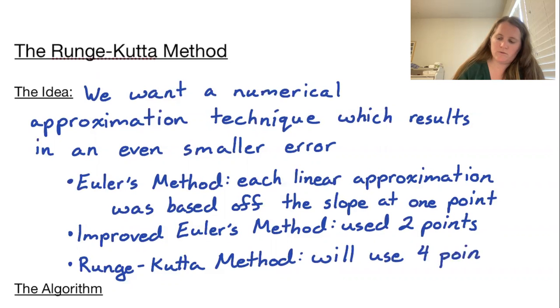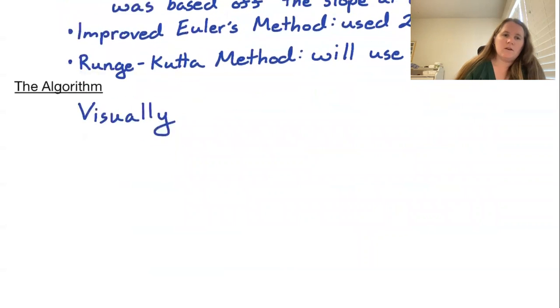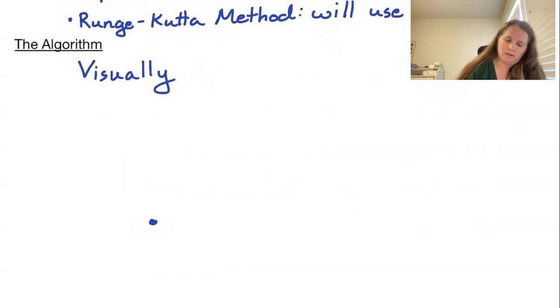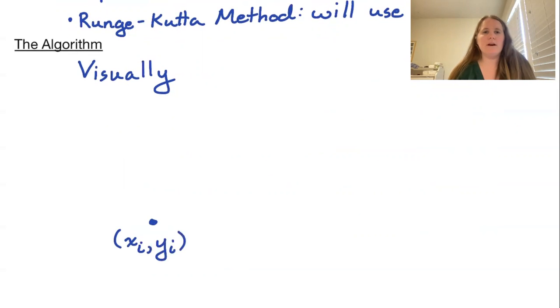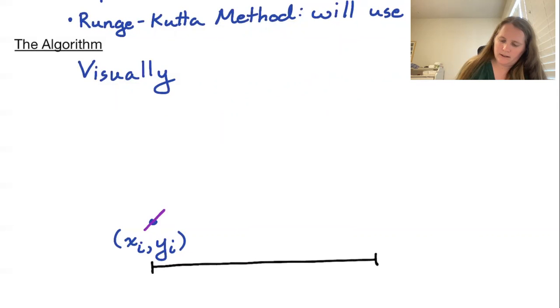So I'm going to show how we find those 4 points visually first, and then we'll get to the more precise formulas. So visually, we have our point xi, yi at our ith stage of the algorithm. We find the slope at that point. Then here's our step size, h.